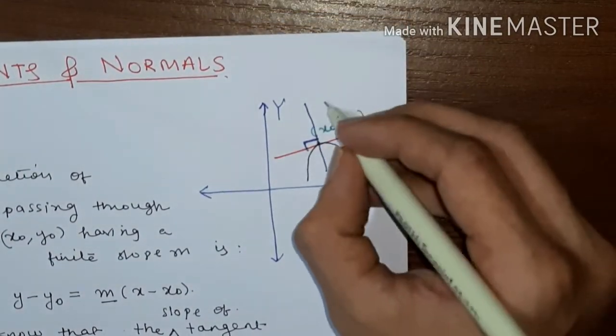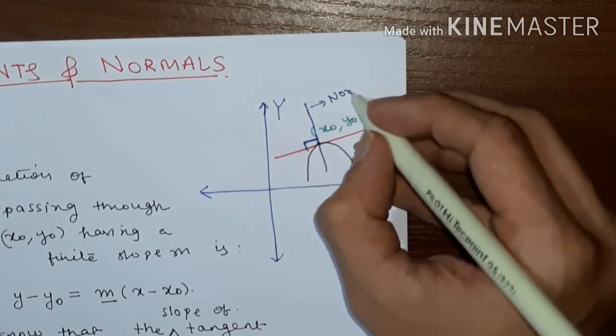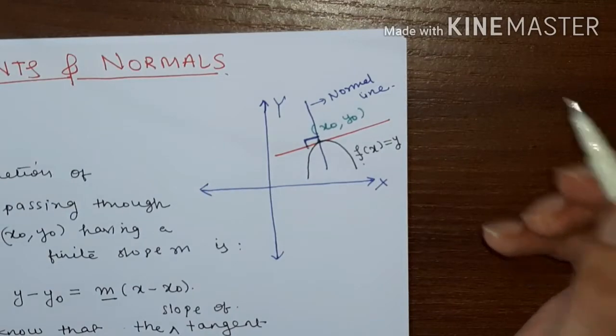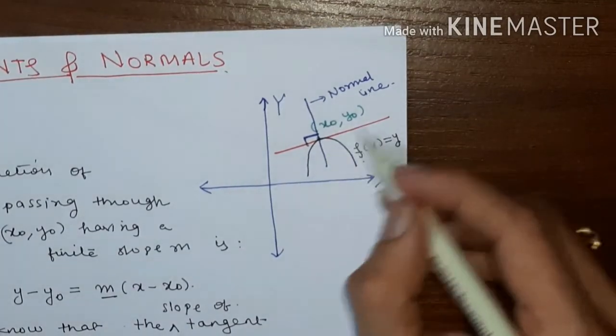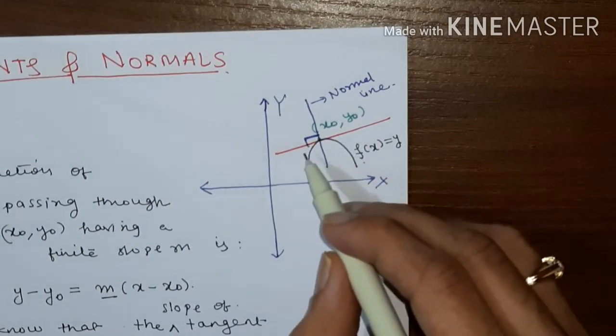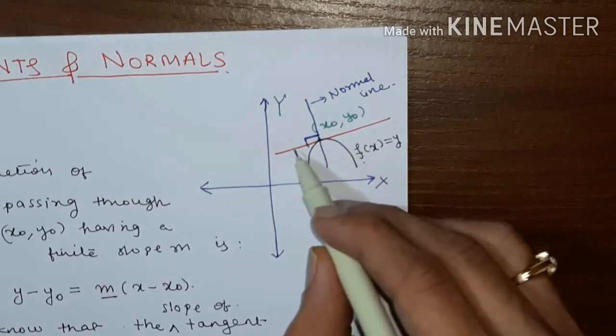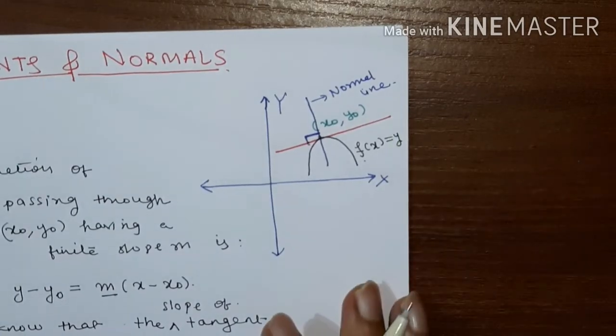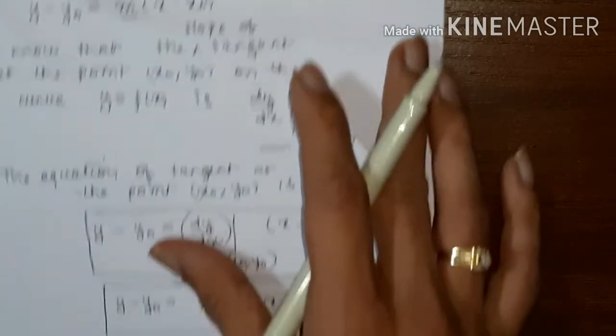This blue line is called the normal line. This is the tangent and this is called the normal line. A normal line is perpendicular to the tangent line. So we have to find the equation of this normal line.